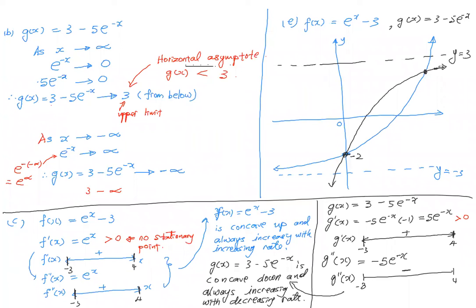Okay, if you don't answer me, I assume you know what to do. Algebraically means you cannot use your graphic calculator. So to do part D, I have to solve the simultaneous equation.